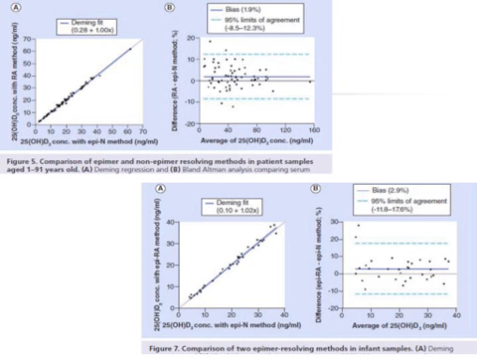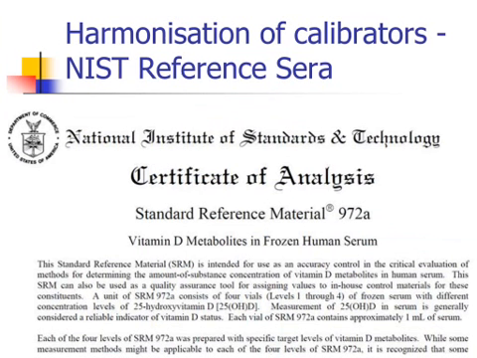So one other thing we wanted to do when we set this method up was make sure that the results that we get, okay, I mean, we've got good agreement here, but we need to make sure that we're actually getting results that match what we should see from the standard reference material from NIST.